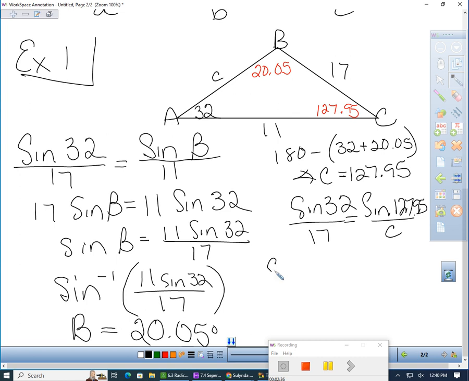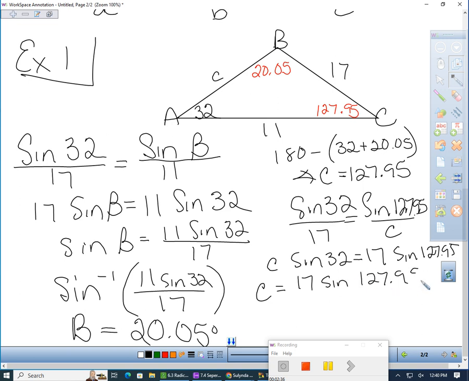So we have c times sine 32 equals 17 sine 127.95. And then we divide by sine 32, so we get c equals 17 sine 127.95 divided by sine 32. Tell me what c equals.